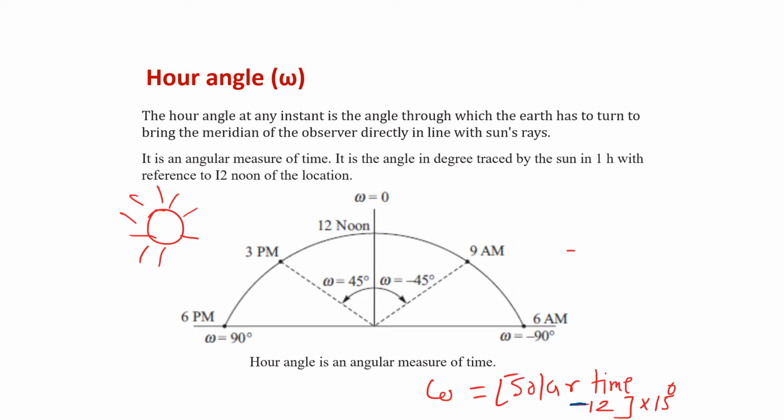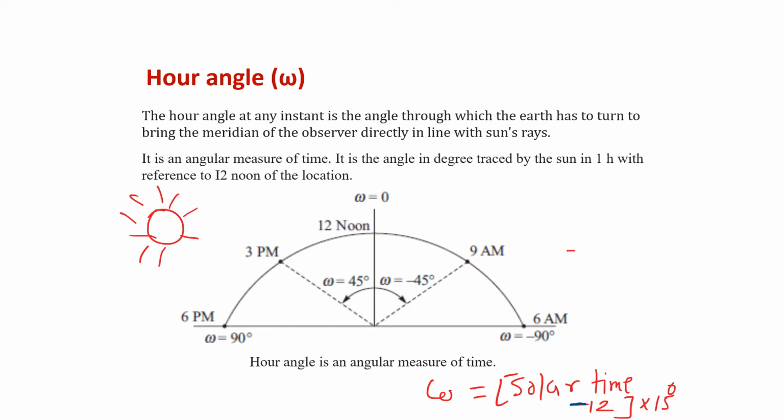Welcome students. In the previous class we had discussed the several geometrical parameters related to sun and earth position. Right? So we had discussed the hour angle. What was our hour angle? The hour angle was the angle made at any instant through which the earth has to turn to bring the meridian of the observer directly in line with the sun's ray.